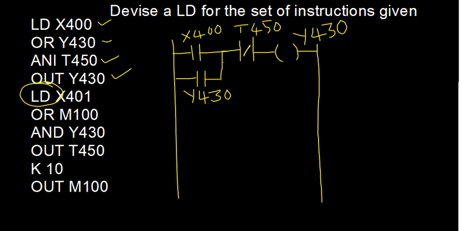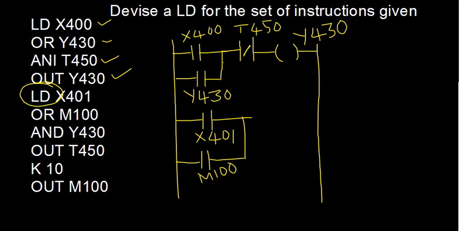So now whenever I have got an LD instruction, I would begin with the next rung, and again when I come here, I would start with LD X401. So X401 comes here, which is again in parallel with one more switch as per the output of an internal relay, that is M100, and now you have the next instruction as AND Y430.